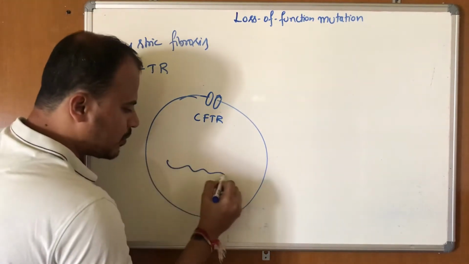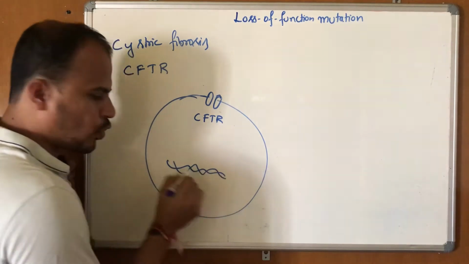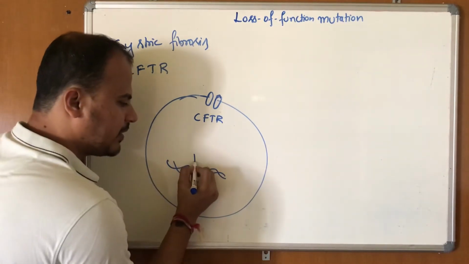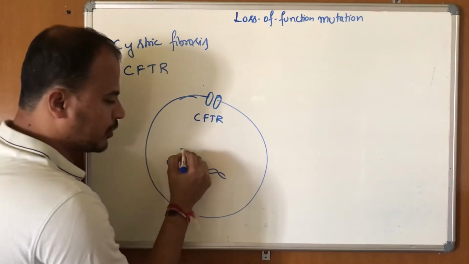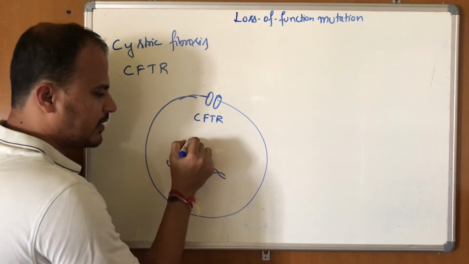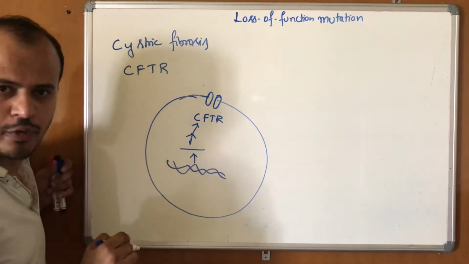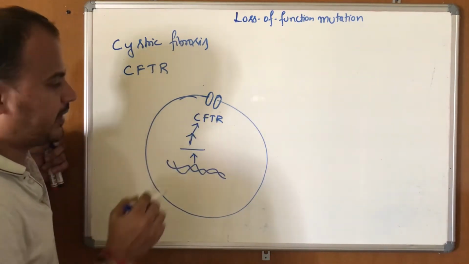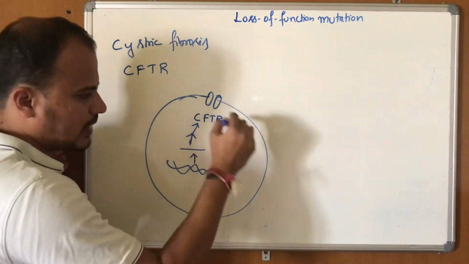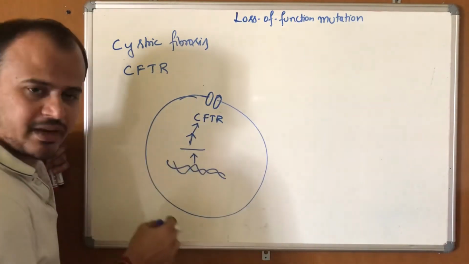The CFTR protein is coded by a gene. When the gene undergoes transcription, it produces mRNA. When the mRNA undergoes translation, it produces the CFTR protein. This CFTR protein goes and incorporates into the plasma membrane of the cell.